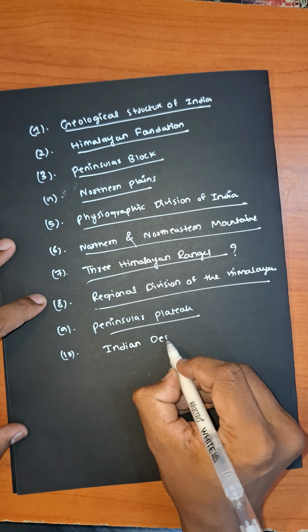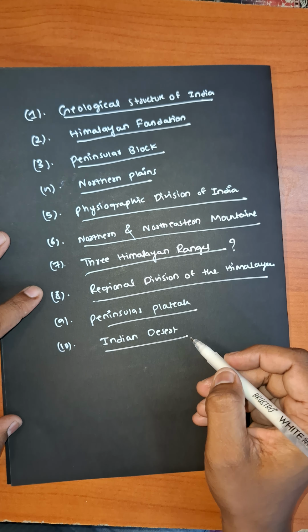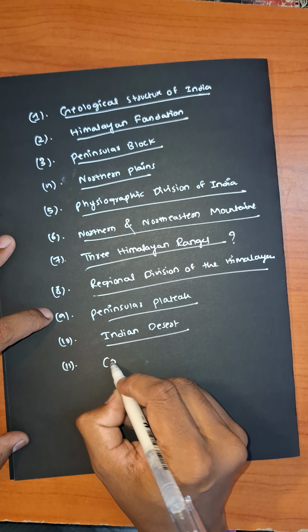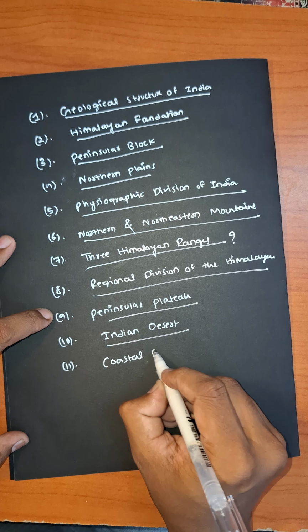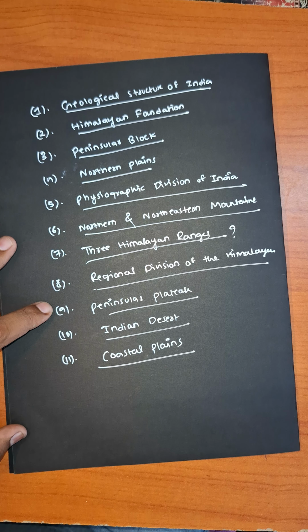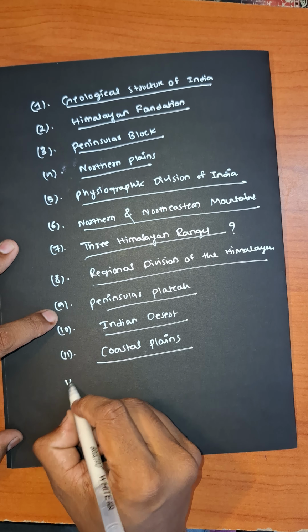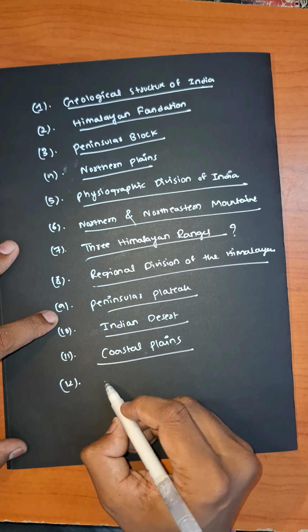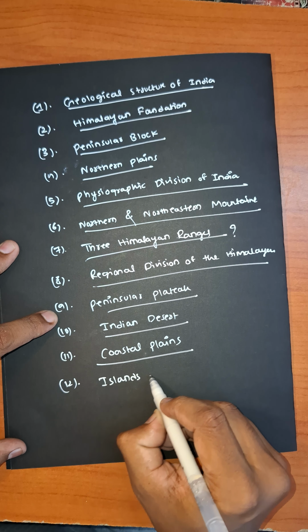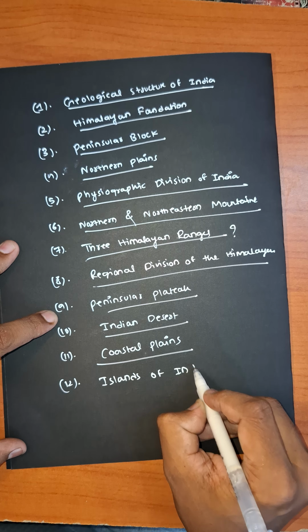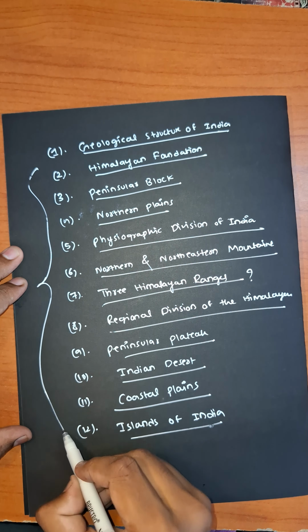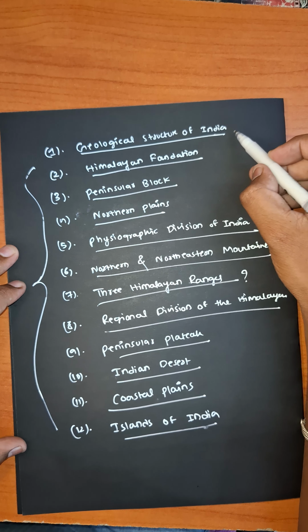We're going to see what the Indian desert is, how it formed, what its history is, and all. And the other one is the coastal plains. What is the strategic importance of this, and why India needs to protect this, etc. And I think this is the last one, the islands of India. So guys, these many topics we are going to cover in Chapter 2.